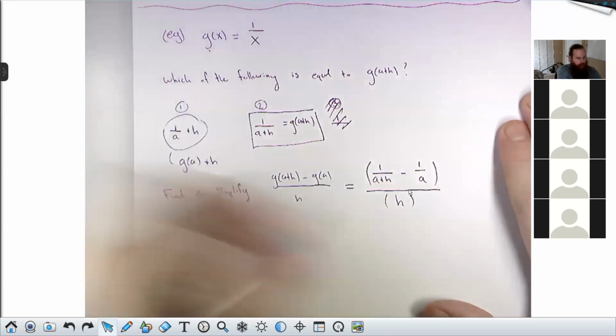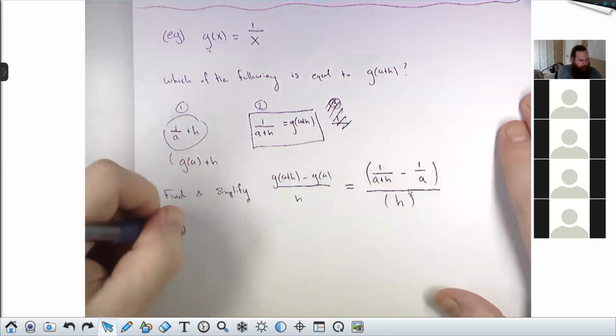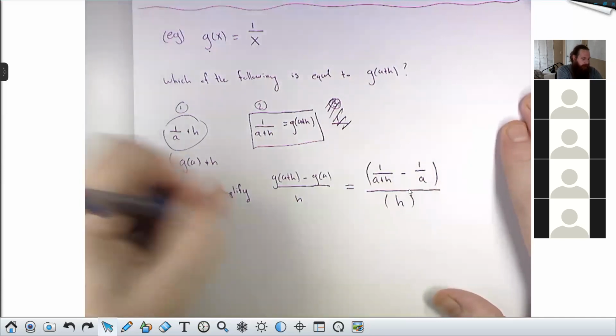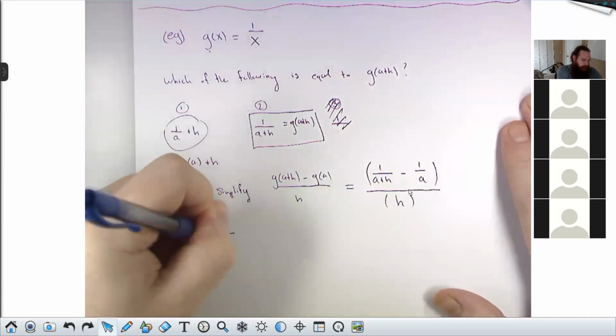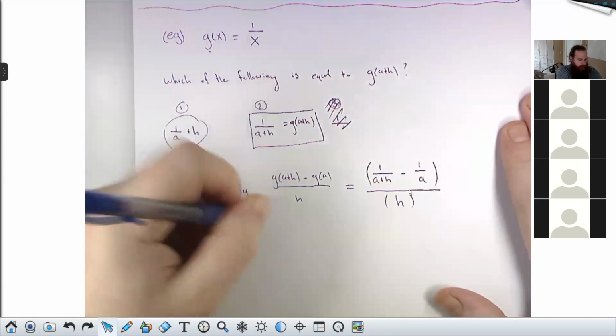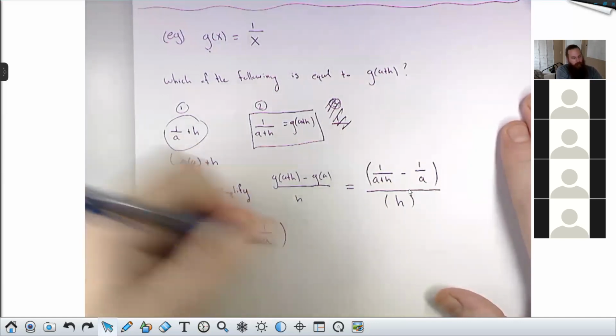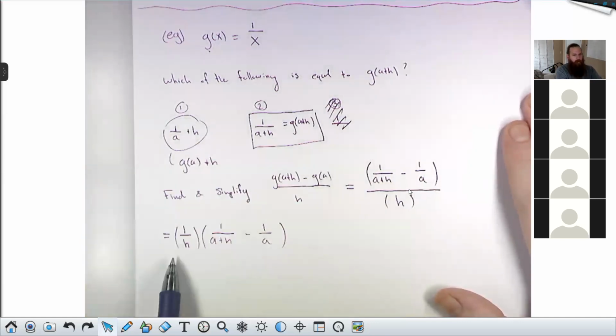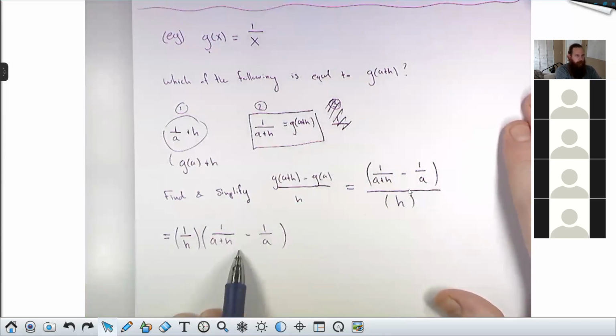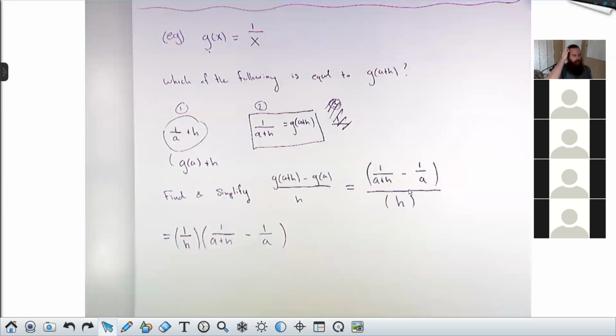So dividing by h is the same as multiplying by 1 over h. And then the rest of that looks like this. If I'm hoping to clean this whole expression up, I need to combine these two fractions into a single fraction. And the way to do that is just like Olivia said in chat, by having a common denominator.